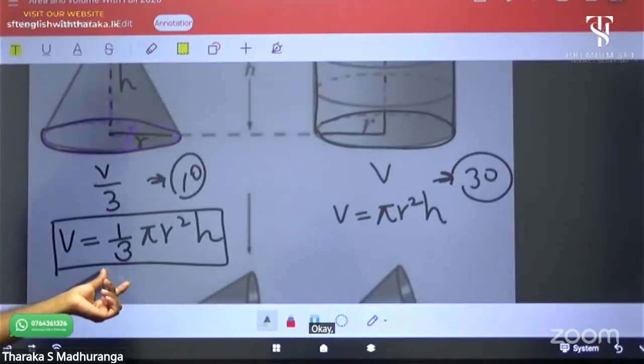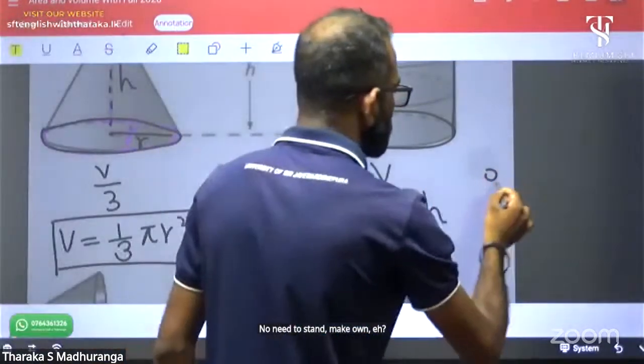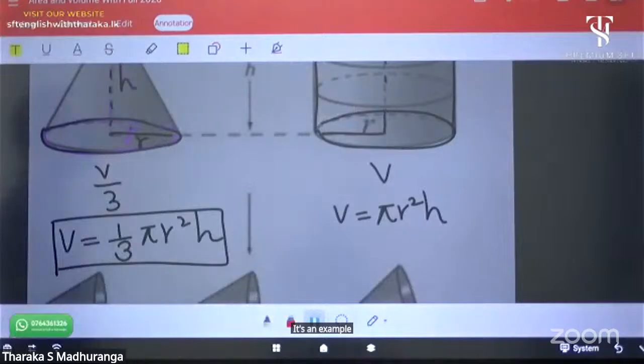Okay, note down. It's an example, write this down. Then what is the volume equation of cone?